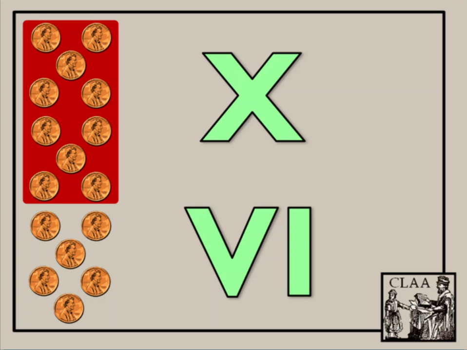For the units, we write the symbol for the number 6. We write the symbol for quinque and the symbol for unus to say that 6 is one more than 5. When we put these symbols together, we form the number sedecim.